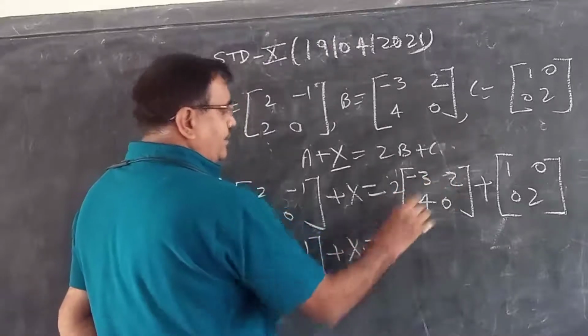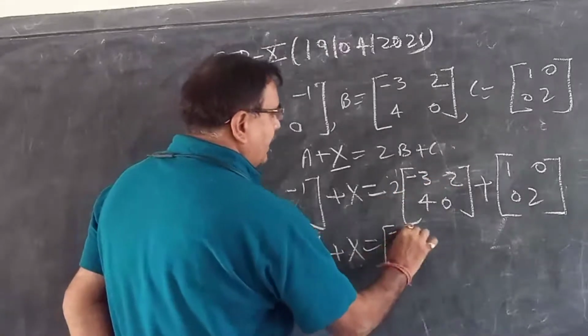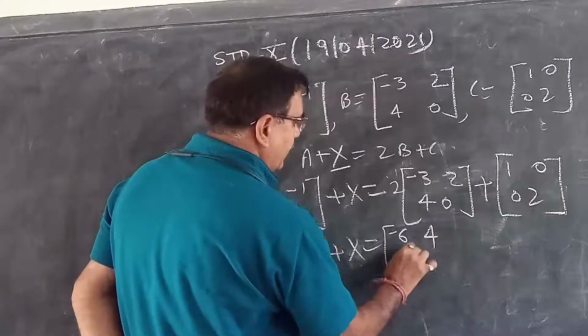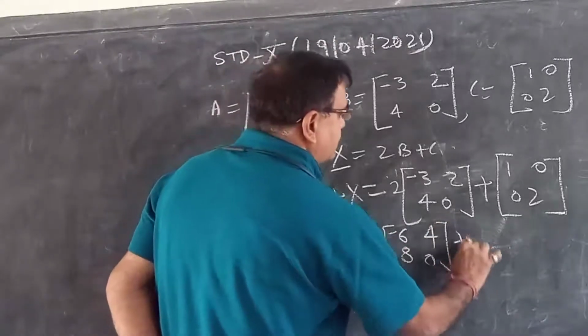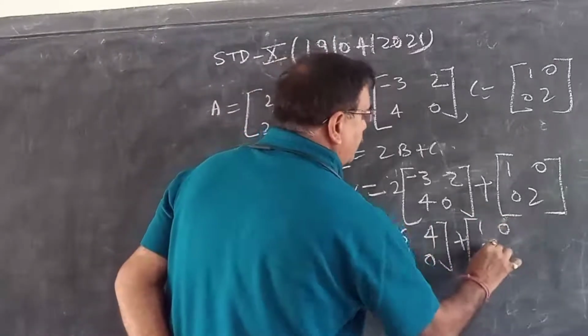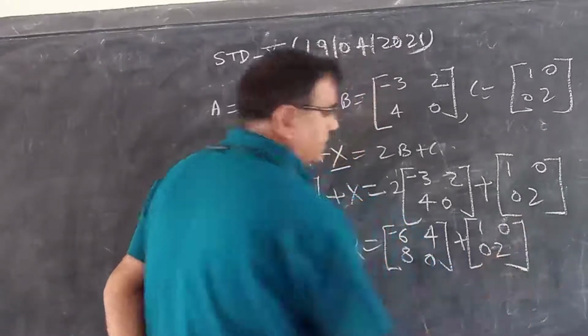Each element will be multiplied by 2: minus 6, 4, 8, 0 plus 1, 0, 0, 2.